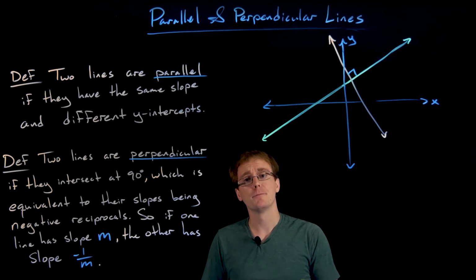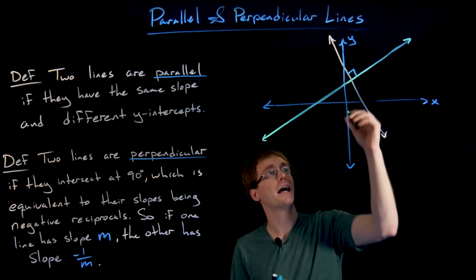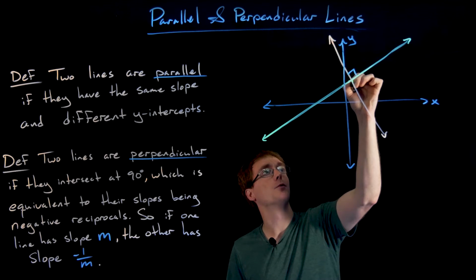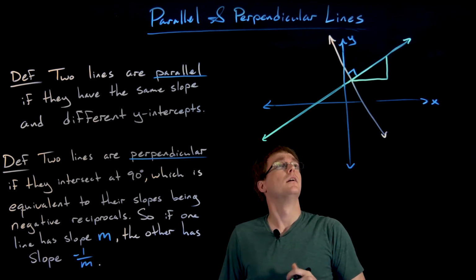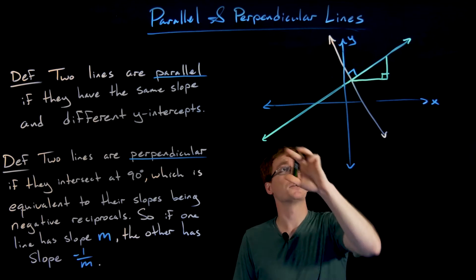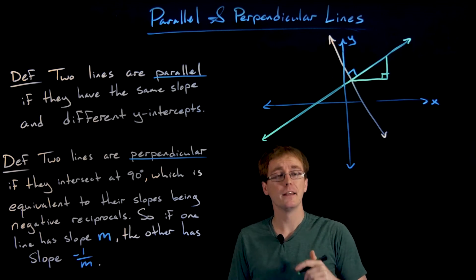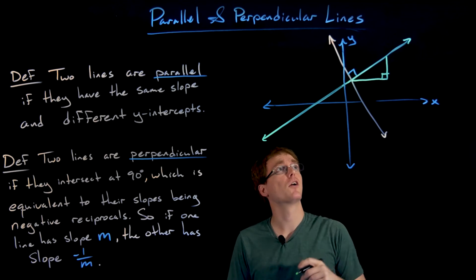The way we can think about our slope is like the change in y over the change in x, or the rise over the run. And so I'm going to go ahead and draw this little right triangle to help us visualize the slope here for our first green line. We're going to need some side lengths to help us label our little right triangle.